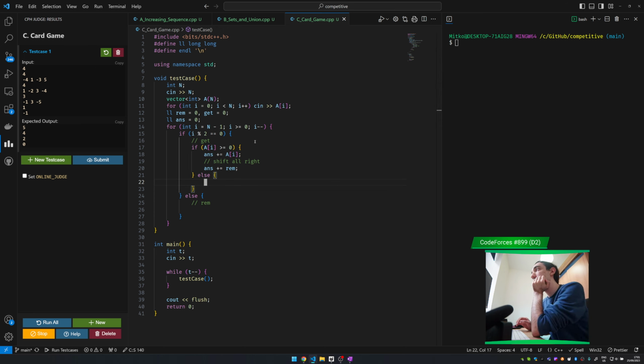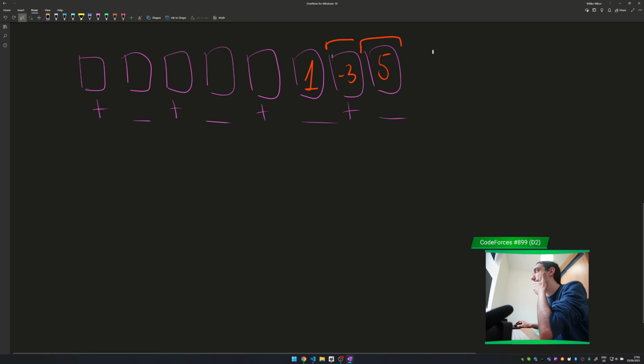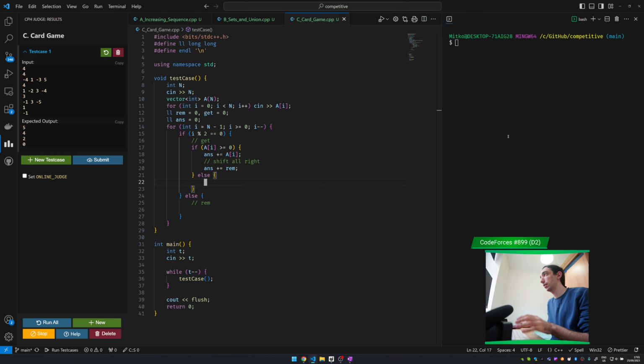Else, if it's a negative number in this position where we want to get it, we don't want to do anything with it. We may want to shift it. We may want to get it if all of the remaining numbers are to be gotten.